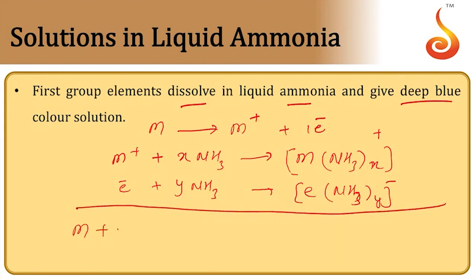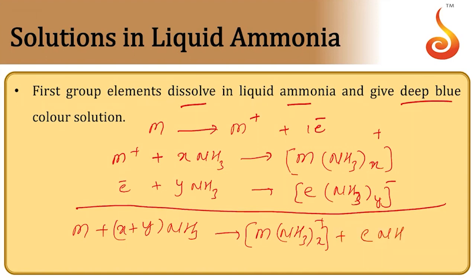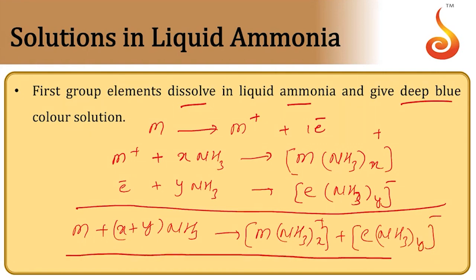So when you take it all together, metal plus X plus Y moles of ammonia gives rise to M(NH3) taken X times plus e(NH3) taken Y times.